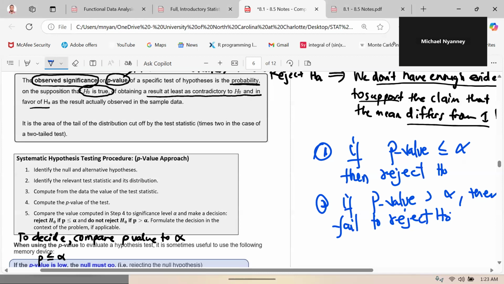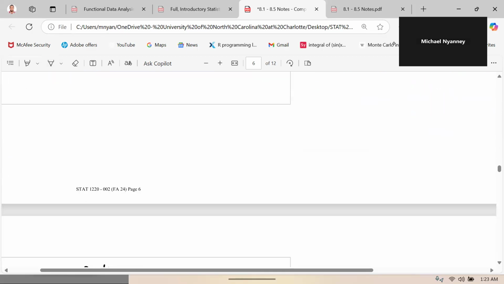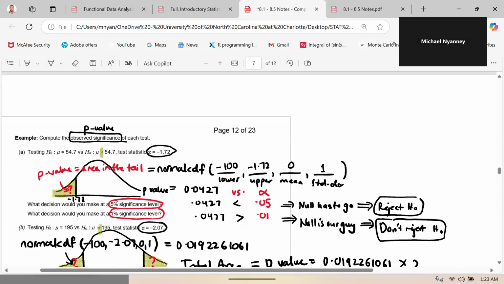So it's just the direction and your z value, or the statistic value. Without much ado, let's go through some examples. First of all, we needed a direction. From this example, under the HA, we are going to the left, and the z value or the test statistic value that we have been given is minus 1.72.